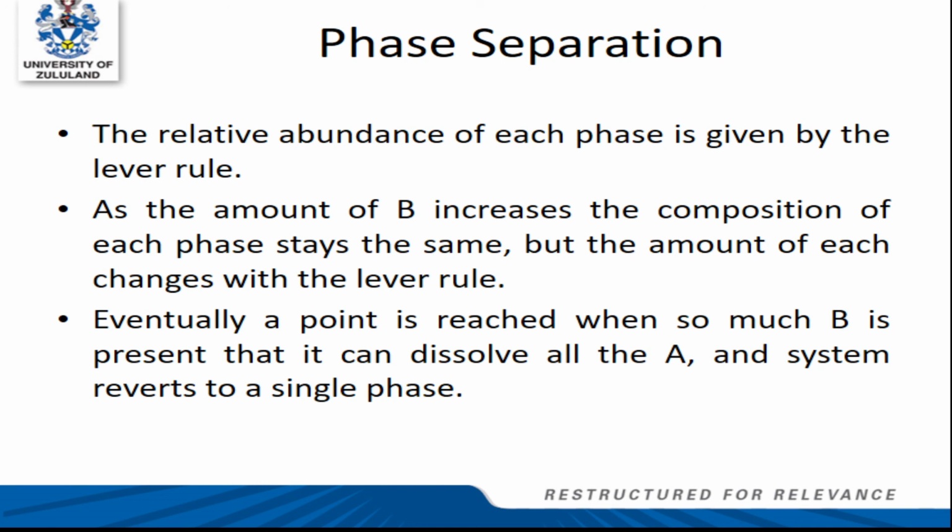The most important thing is that as the amount of B increases, the composition of each phase will stay the same, but the amount of each will change with the lever rule. Make sure that you read what the lever rule is all about. Eventually, a point is reached where so much B is present that it can dissolve all the A, and the system reverts to a single phase.